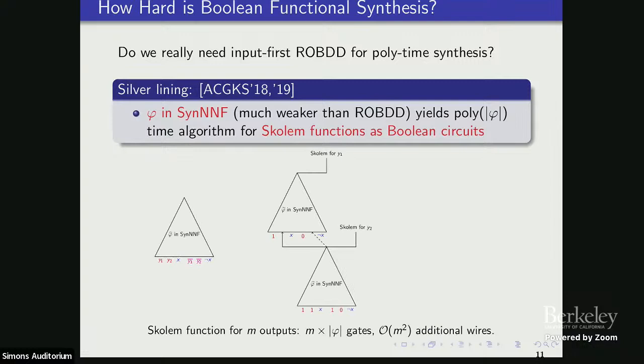Maybe this picture will come later. I showed you how from a BDD you can get the Skolem functions. This is really showing how from a d-DNNF specification you can put some m copies of these if there are m outputs, and then you can get the Skolem functions. But we'll get to this later.